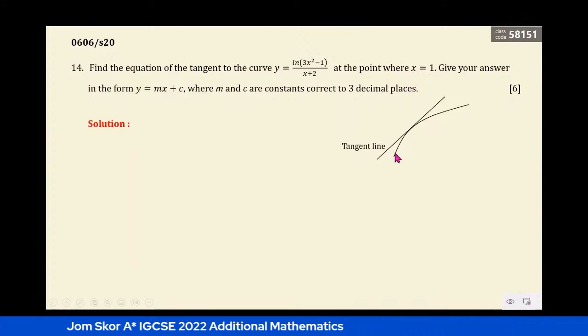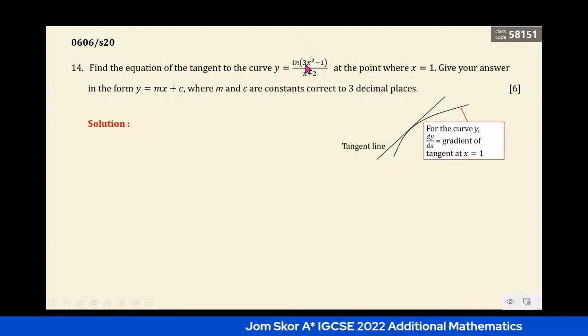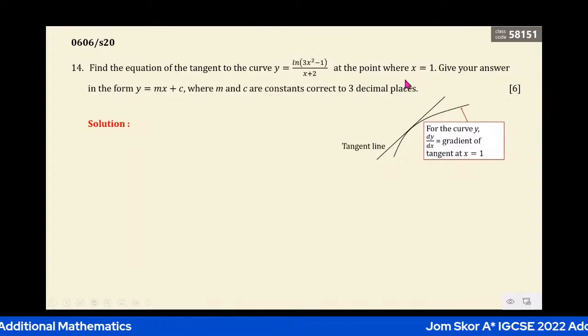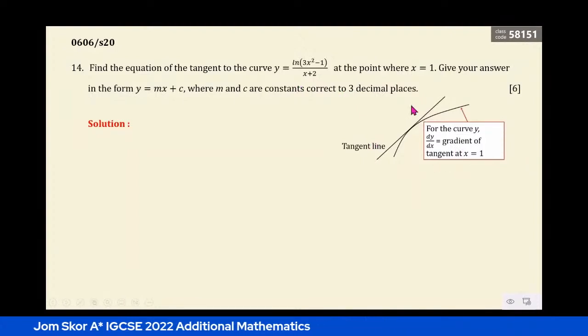Remember, if we have a curve, dy dx, the first derivative of the curve, is equal to the gradient of the tangent at x is equal to 1, as stated in the question. So first we have to differentiate the function to get the gradient of tangent at x is equal to 1.